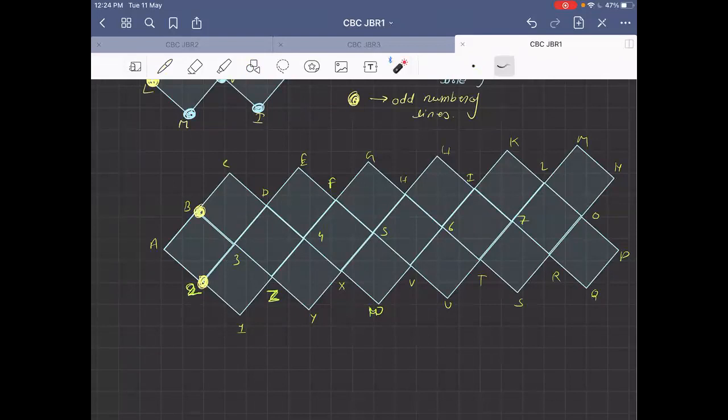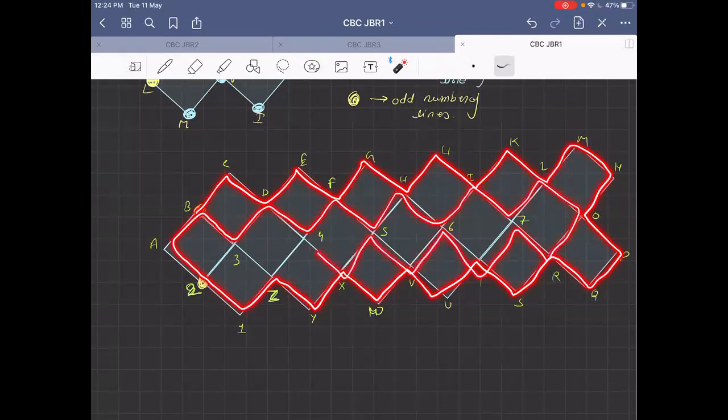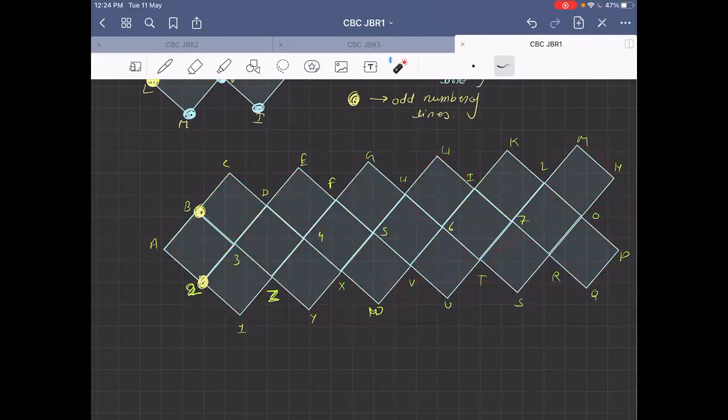Like here as well, as long as I know B and 2 are the ending and starting points, I can draw in many, many ways. I am drawing in one of the ways. As you can see, I did not lift my pen at all. See, does it even matter? It's a big diagram.